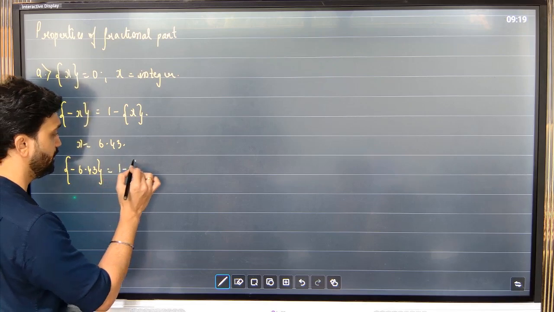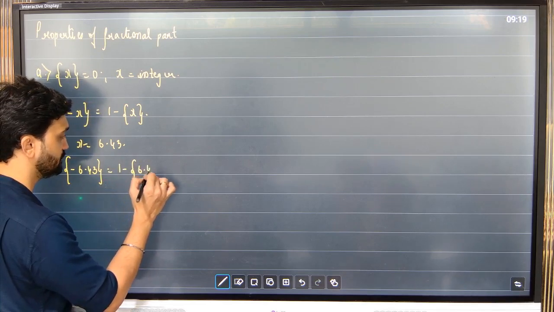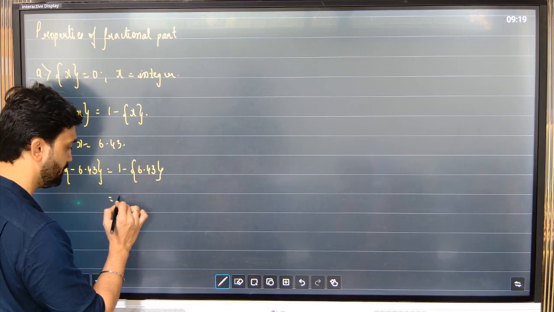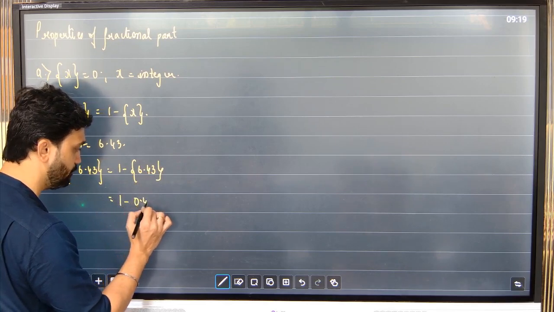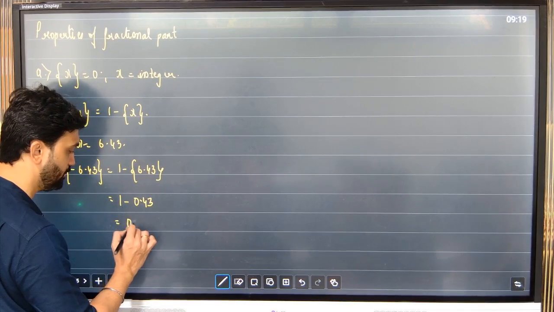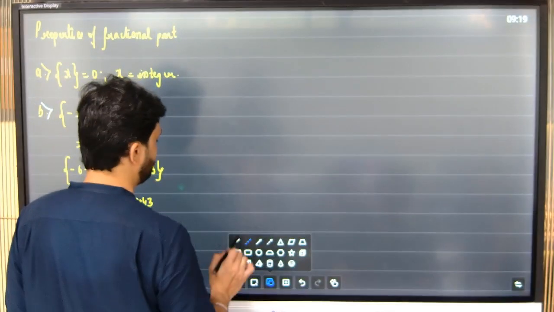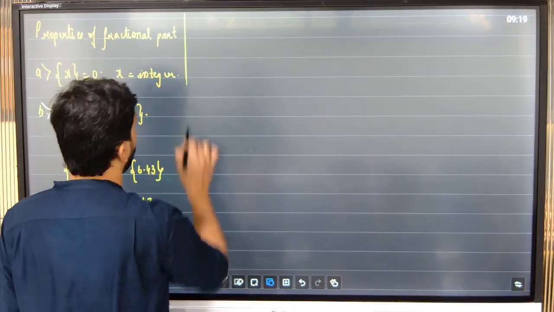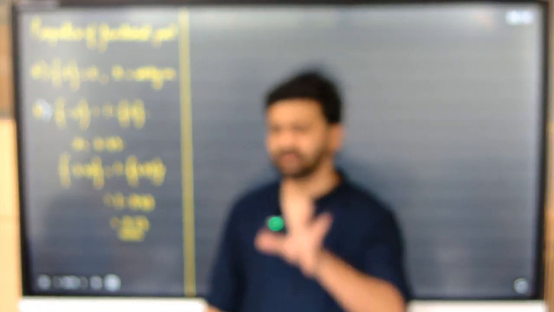I will write 1 minus fractional part of 6.43, which will become 1 minus 0.43, and that will become 0.57. This is your fractional part. And fractional part tells us कि अगर नंबर के आगे नेगेटिव है, कुछ नहीं करना है, फ्रैक्शनल पार्ट को 1 से सब्ट्रैक्ट कर दो. अगर डेसिमल है तो उसको फ्रैक्शनल पार्ट को 1 से सब्ट्रैक्ट कर दो. दैट्स इट, दैट्स ऑल दैट इज रिक्वायर्ड फॉर यू गाइस.